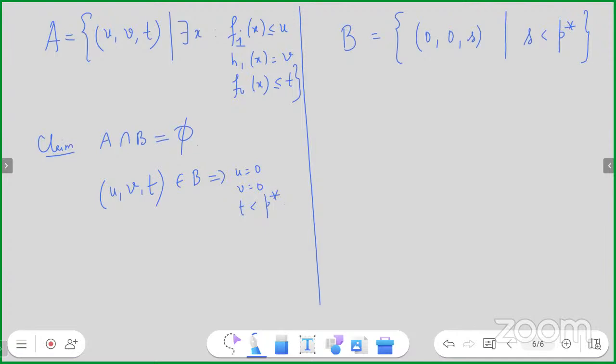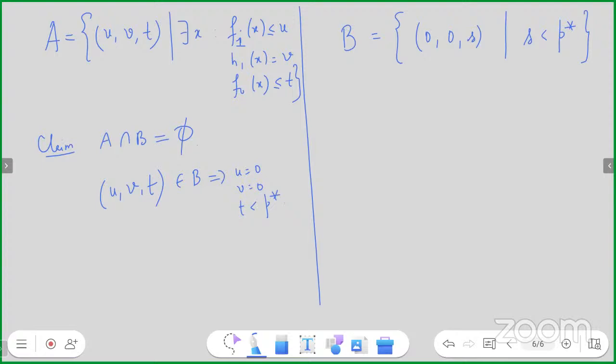Because P star is already, to be precise, the least value of f naught x that satisfies those two conditions where f1 x is less than or equal to 0 and h1 x is 0.